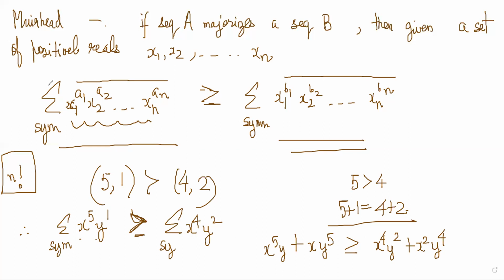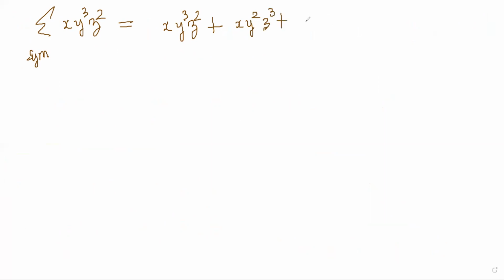An example of a symmetric sum could be like this. If there are three variables, the symmetric sum of x, y cube, z square will be written like this. You'll write x y cube z square plus x y square z cube plus x square y cube z plus x square y z cube plus x cube y square z plus x cube y z square.